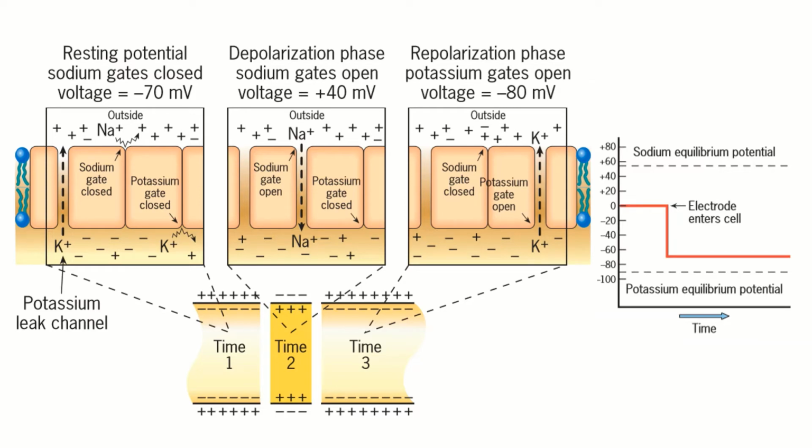Meaning, it always allows potassium ions to diffuse to the outside of the cell. That's labeled here as time 1, meaning the nerve signal is not yet being made.